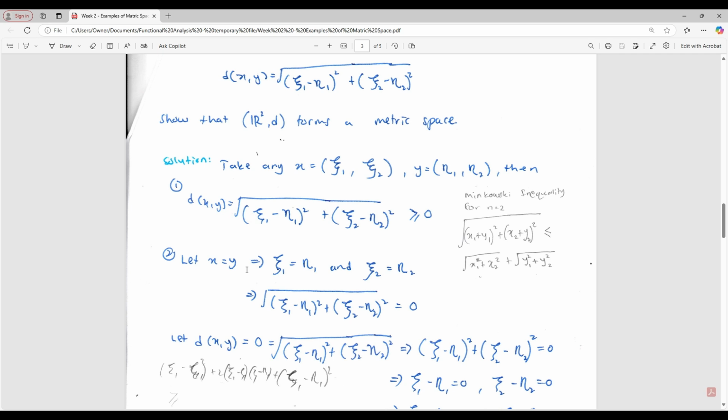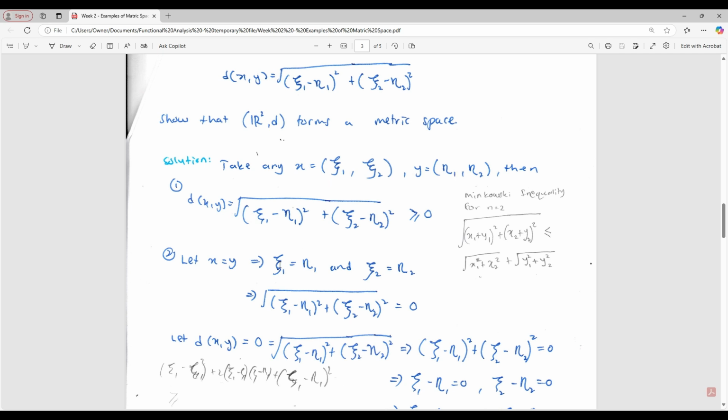To show the second property, we are going to assume x equal to y. When x is equal to y, each position must match. For example, the first position of x must be equal to the first position of y.